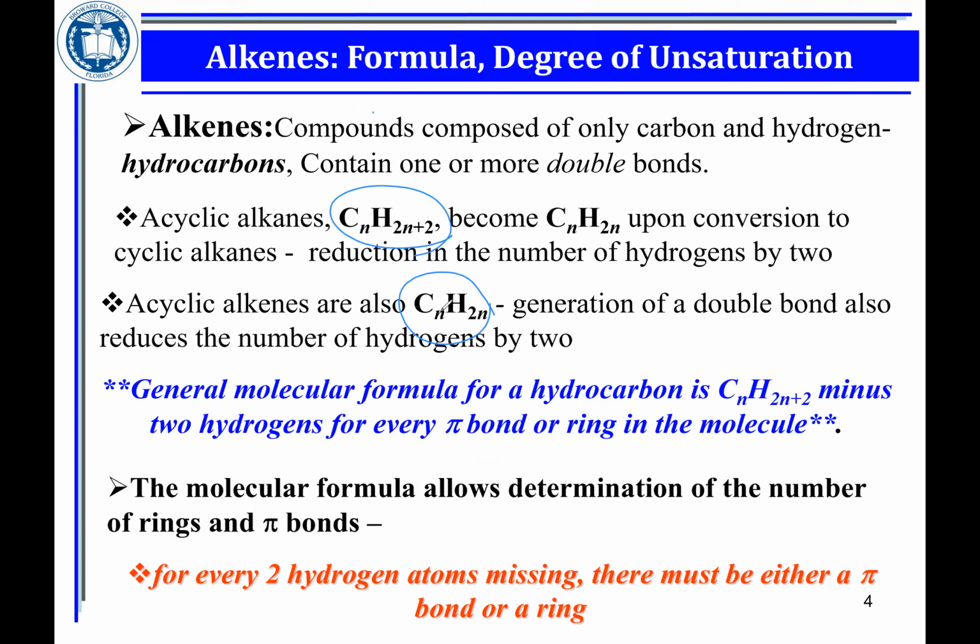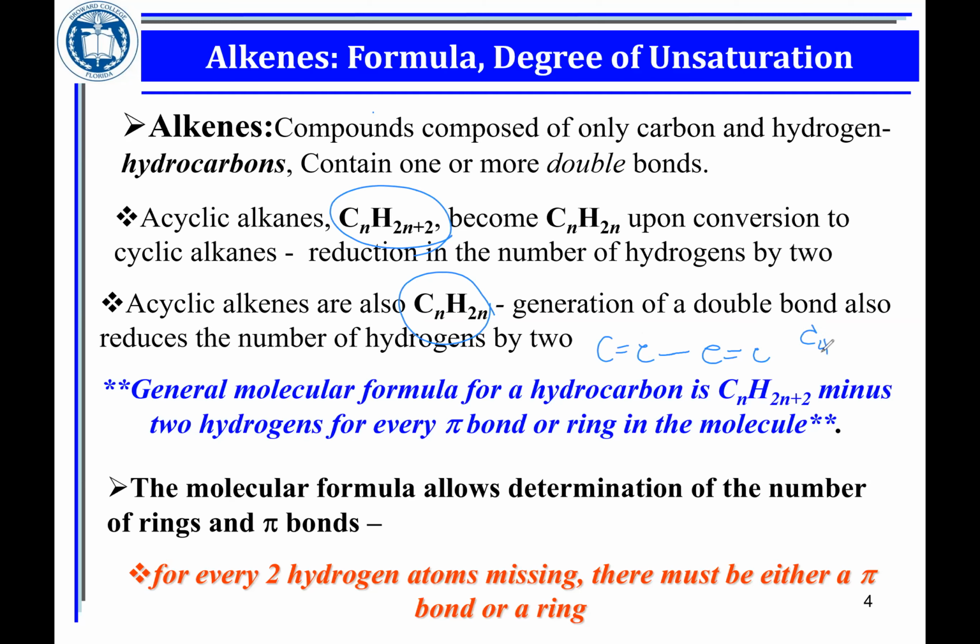Alkane is saturated and alkene is unsaturated. If the carbon has only one double bond, then it is missing two hydrogens. For every additional double bond, or every additional pi bond, there would be two more hydrogens missing. So let's say you have a compound that carries two pi bonds.